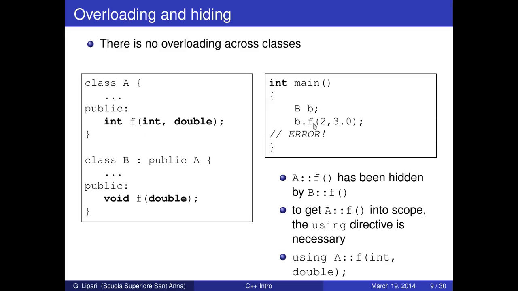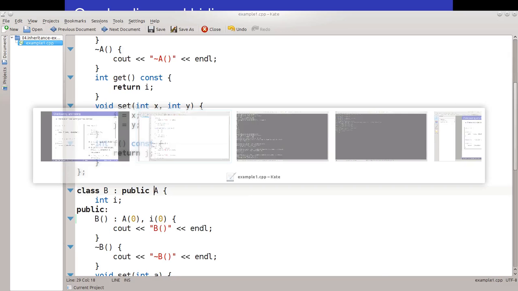So in the main, if you call b.f(2, 3.0), it will give you an error because it doesn't see any f with two parameters here. It just sees the second f. So A's f has been hidden by B's f. Okay? To get A's f into scope, you have to use the using directive. So basically inside B, you have to use this writing, using A::f for int and double.